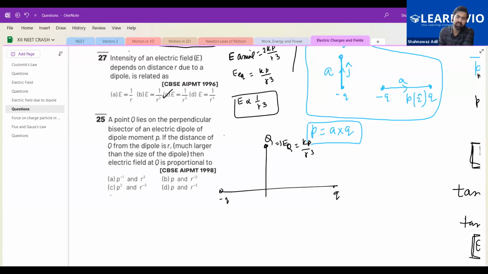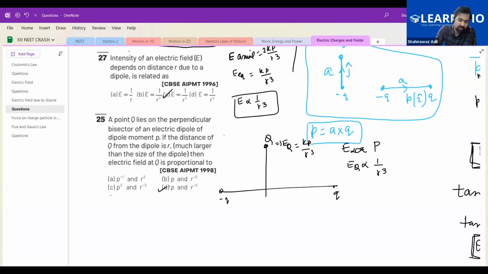Do you remember why there is a minus sign? I will talk about that later, but let's talk about the answer first. E_Q is directly proportional to p, and E_Q is directly proportional to 1 over r cubed. So this would be the correct option, right? Is it clear?